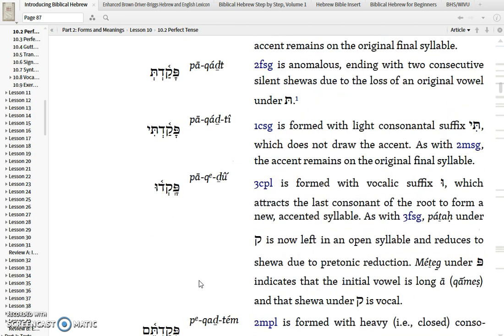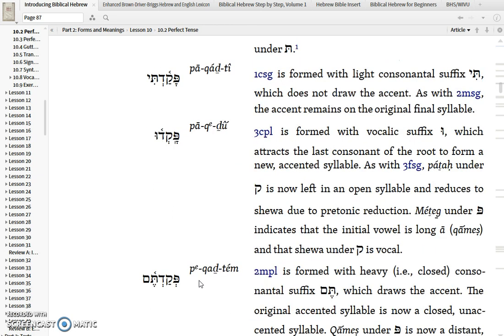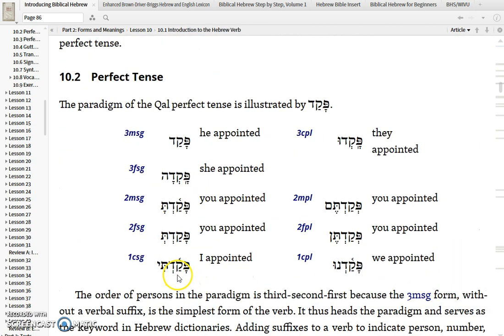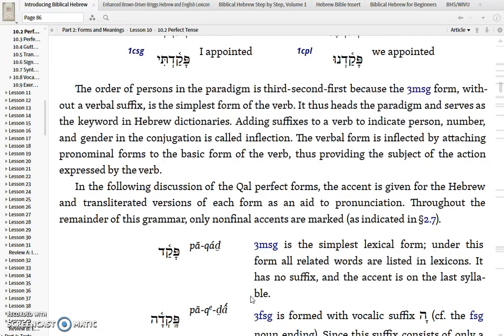And you can read through this material. I don't really have a whole lot to say about it, but note what the vowels are and where the accents lie. In certain cases, as you'll see, the accent is receded, as in the first common singular, pakadti, and the first common plural, pakadnu. In the other cases, and also in the second masculine singular, pakadta, the accent is on the next to the last syllable rather than on the final syllable.